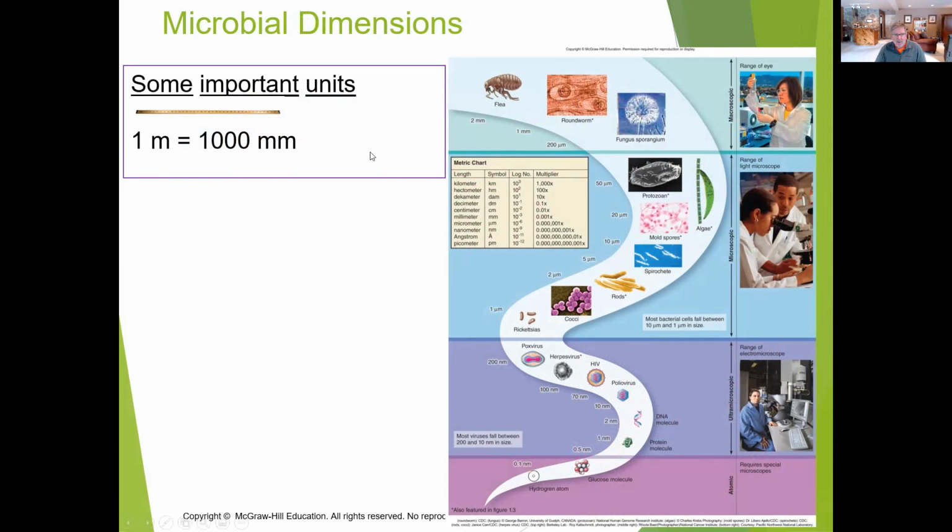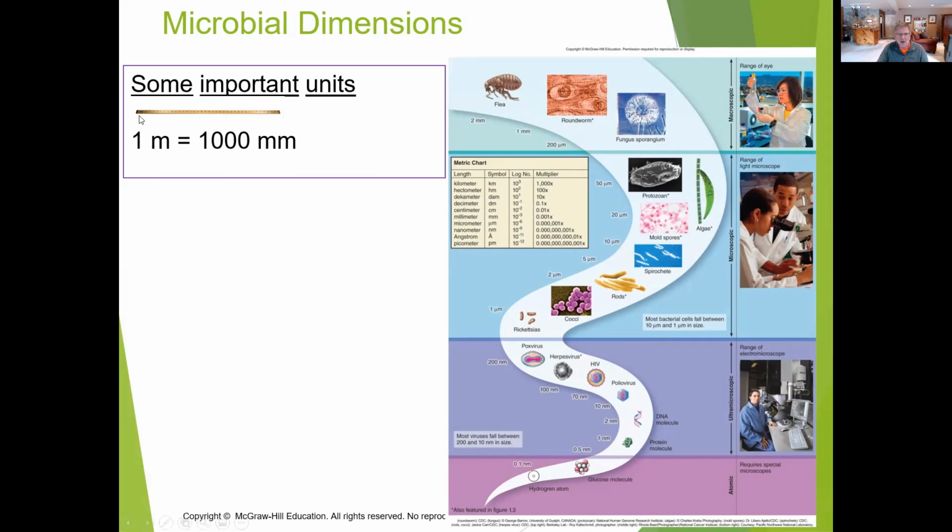So when we talk about the size of microbes, keeping in mind again that we're not talking just about bacteria or viruses, but it could be a roundworm, or it could be a reproductive structure of a fungus, we have to be a little knowledgeable about different sorts of units that scientists use to describe how large a microbe is.